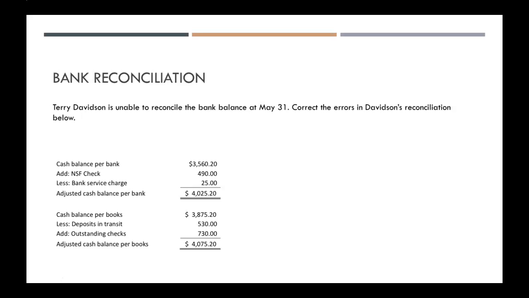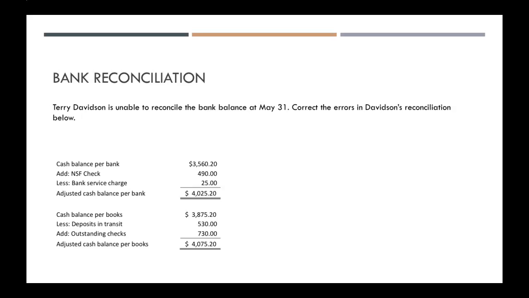Because you have a definitive amount of cash. So if they don't match, something's up, right? So you do these bank reconciliations to adjust these cash balances, so that your adjusted cash balance per bank and per books are equal at the end.